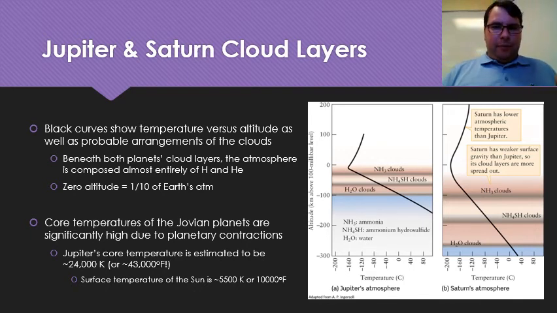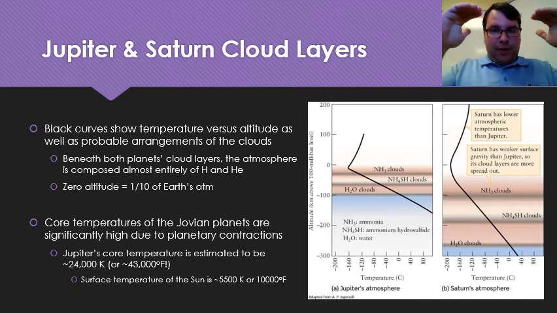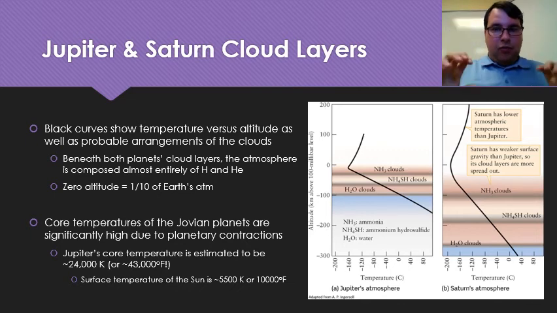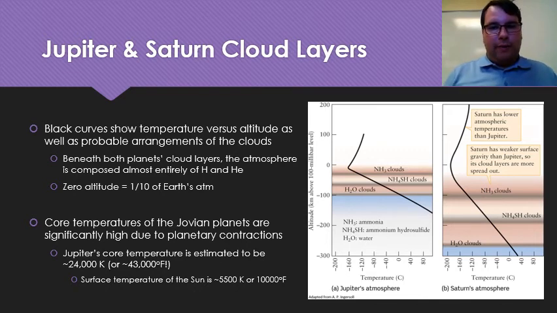And for the most part, both Jupiter and Saturn have near identical but different amounts of each kind of element in that structure. So we have the ammonia, and then we have ammonium hydrosulfide, and then we also have our water clouds.